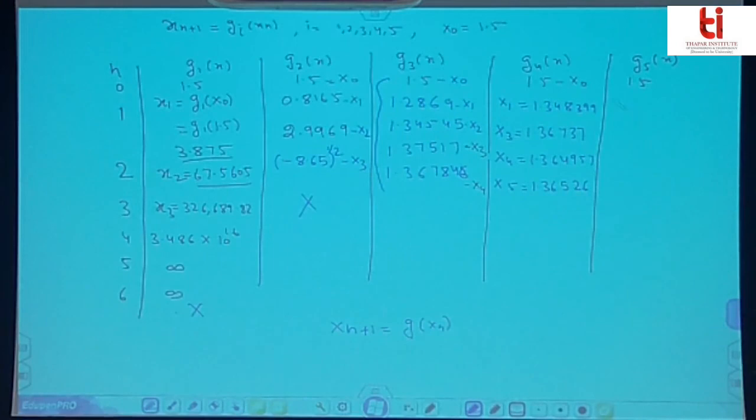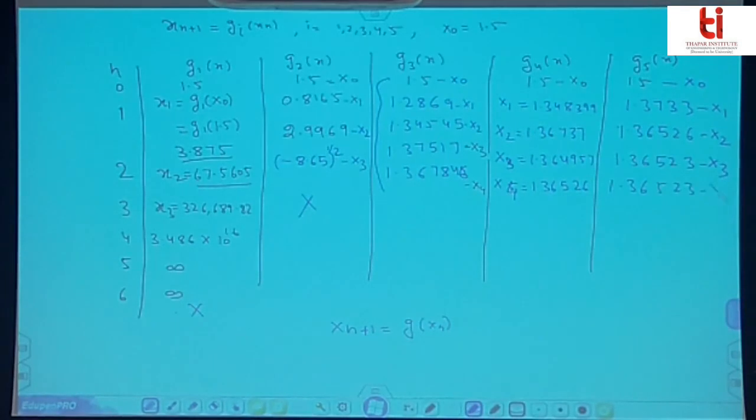And if we are using g5(x), then we are getting the result 1.3733. This is your x1, x0 we have taken. 1.36526 is the value of x2. Next value is 1.36523, the value of x3, and 1.36523 is x4.